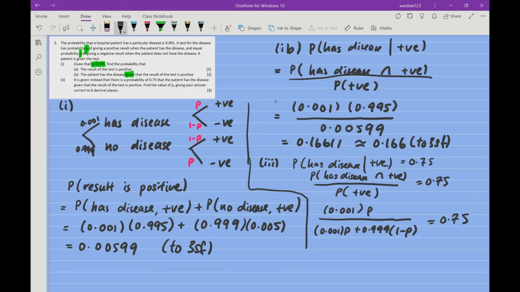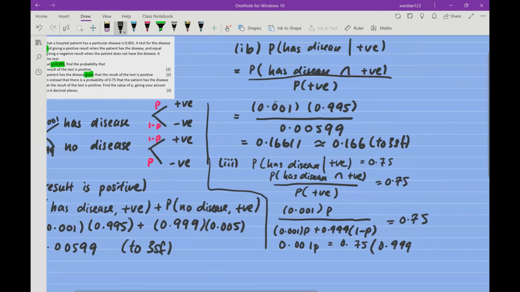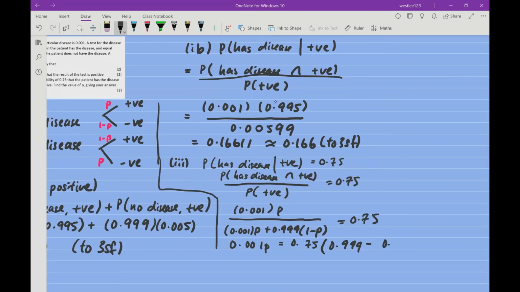So you can use GC to solve from this step onwards, but for those of you who prefer to simplify first, you will get 0.001p equals to 0.75 times 0.999 minus 0.998p. Okay, so I'm shifting the denominator over to the right hand side and simplifying that in the process.